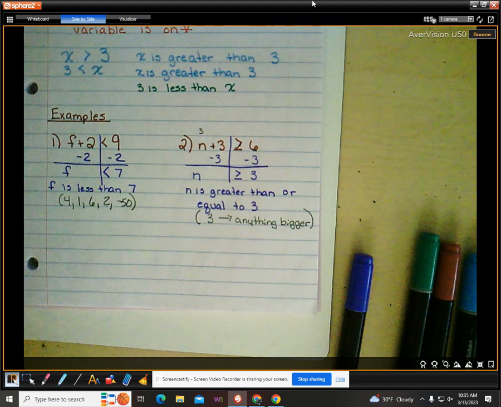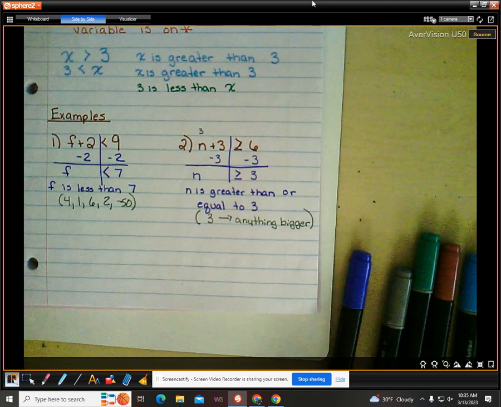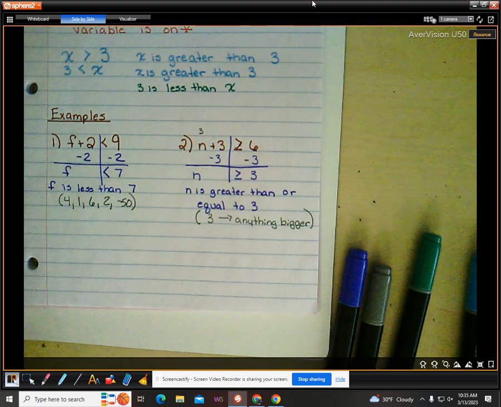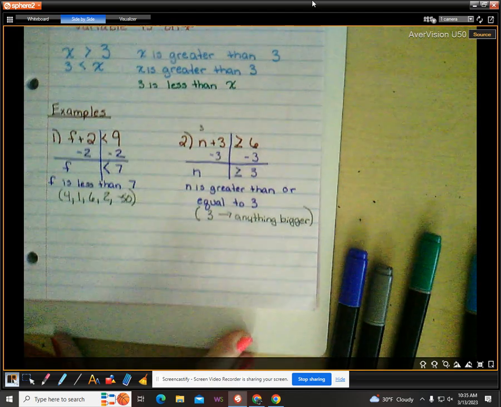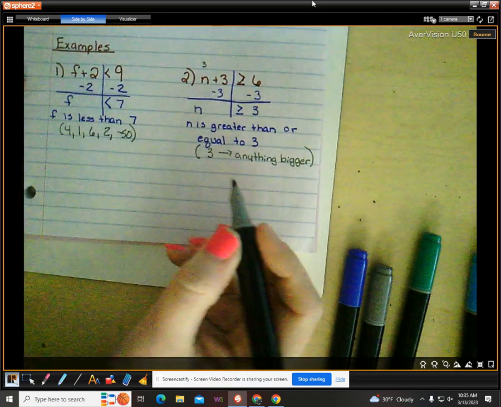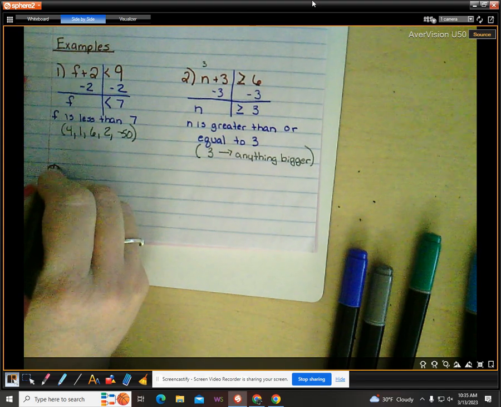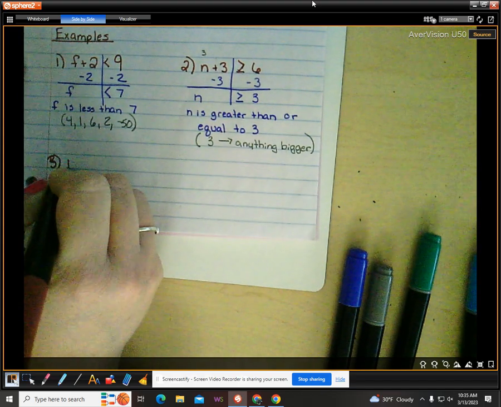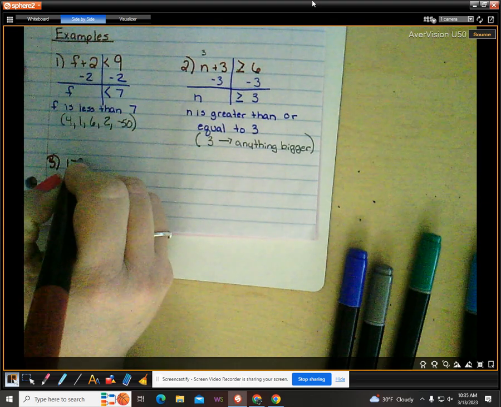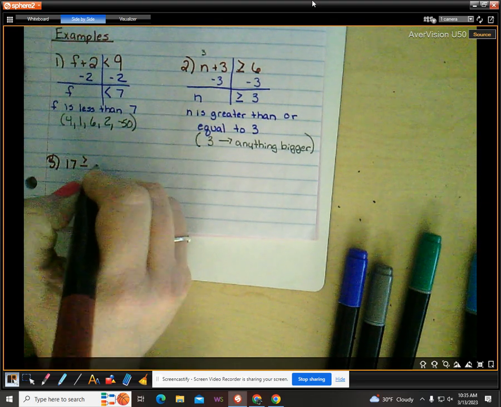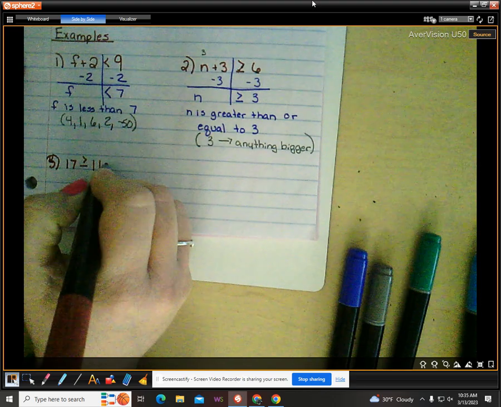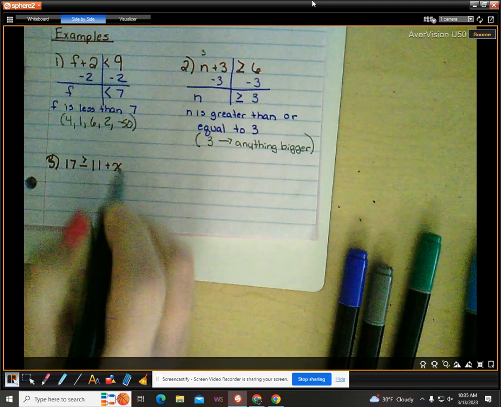All right, now I'm going to flip the sign, flip the whole way that this equation is written. Okay, so if I have 17 needs to be greater than or equal to 11 plus x.